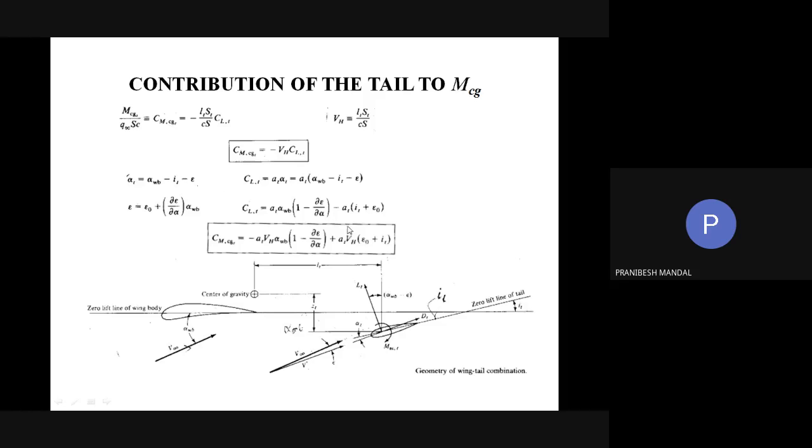So instead of epsilon, we put this particular thing, and we get CLT as this, and CMCGT is minus VH into this, so CMCGT is going to be this. Check those two equations.